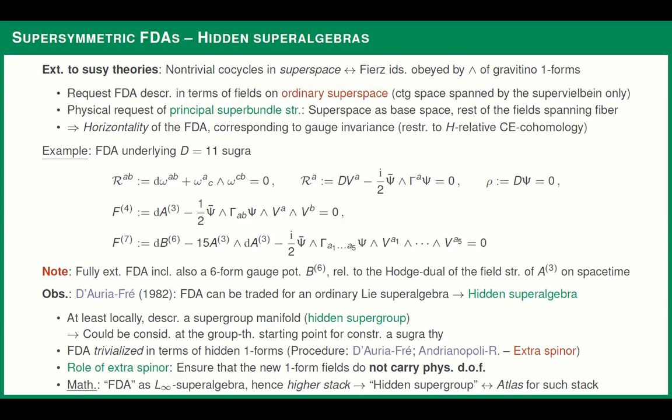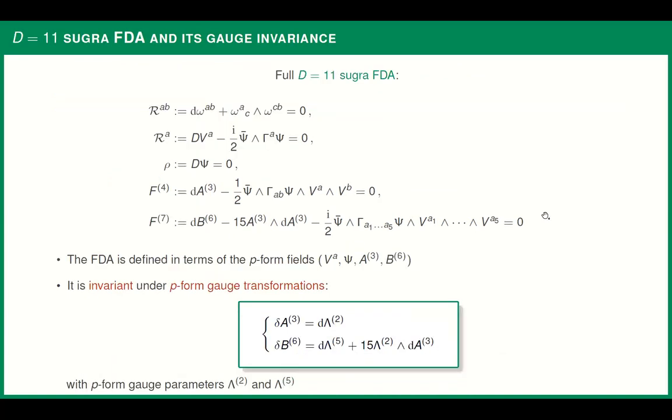And so it is also interesting from that perspective to better analyze what is happening geometrically, to really see what it means, physically and geometrically, to have different trivializations of the free differential algebra underlying supergravity theories.